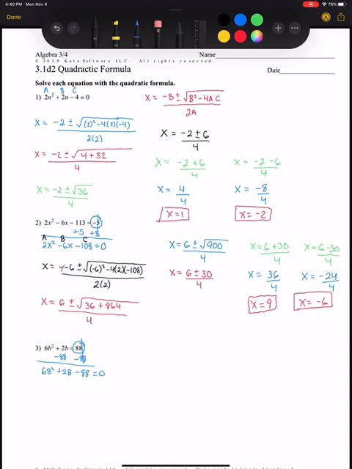For this example, a is 6, b is 2, and c is negative 88. So I'm going to plug everything in. X equals negative b plus or minus the square root of b squared minus 4 times a times c all over 2a.